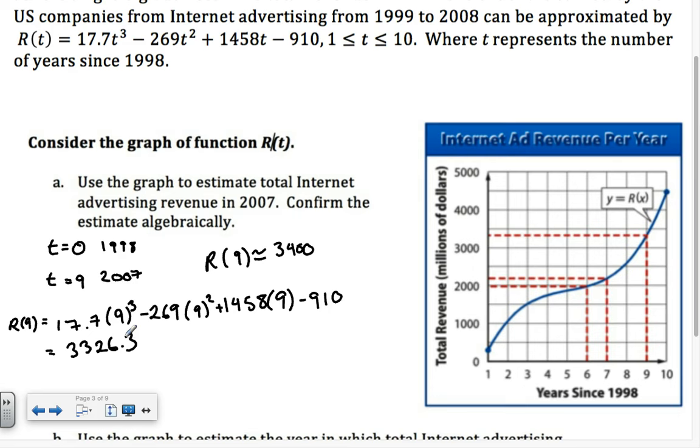Now, to interpret this answer, the total revenue is in millions of dollars. So I'm really getting $3,326.3 million, which is actually $3.3 billion.